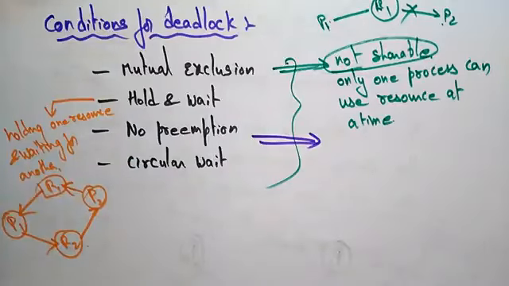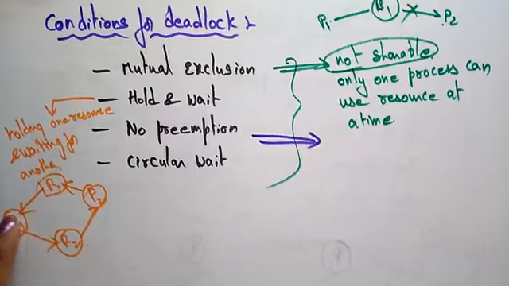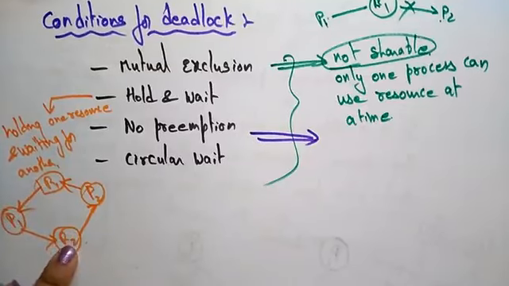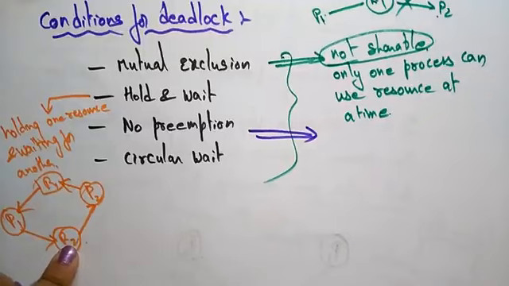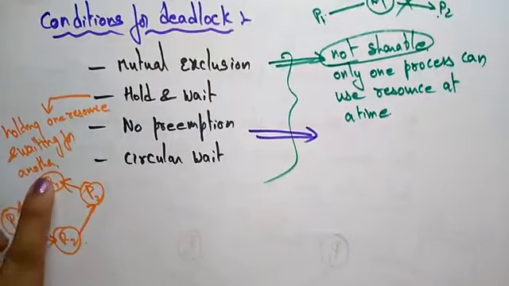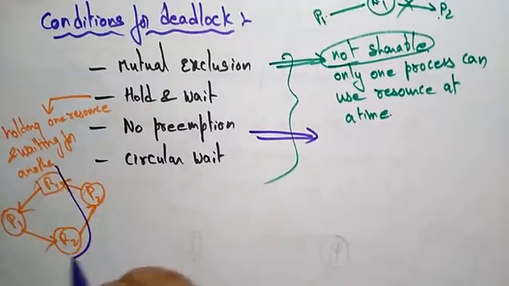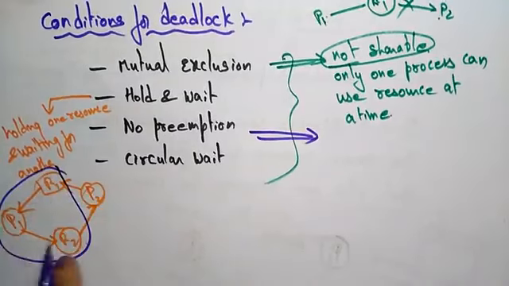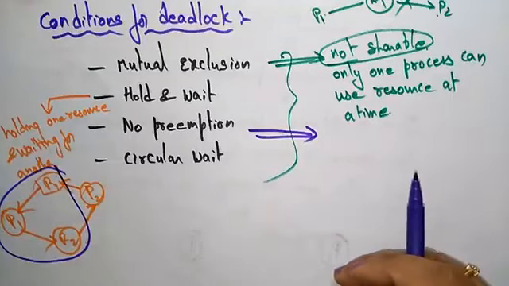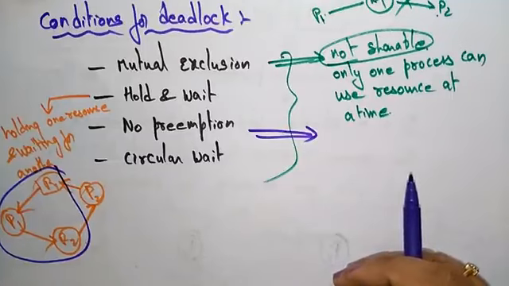Suppose P1 acquired some resource. Let us take P1 acquired R1 and is waiting to acquire another resource R2. But P1 is not willing to give up R1, which it has already acquired. This state you call no preemption.